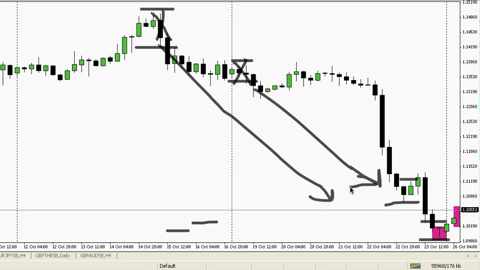Obviously it doesn't always work out quite as sweetly as that, and you do have to take some drawdown and some losers to get to that point. But I can assure you, if you back test this, you'll see that there's lots of opportunities to average winners bigger than your average losers and make a net profit over time.